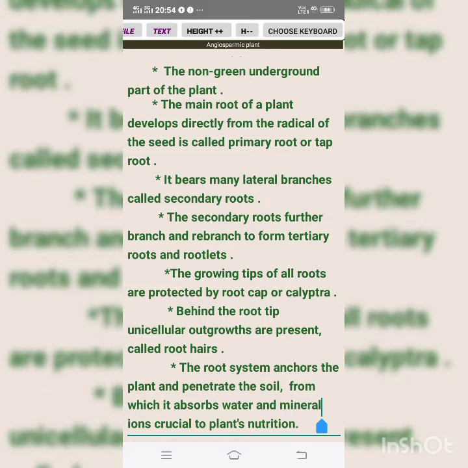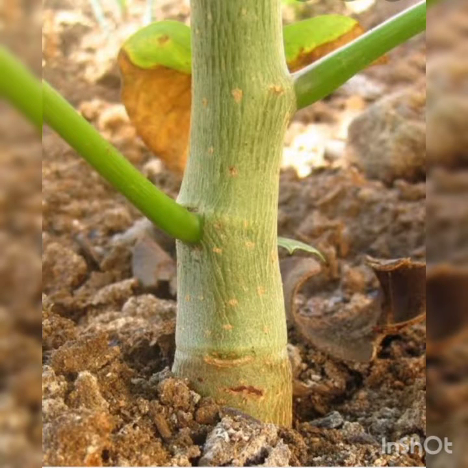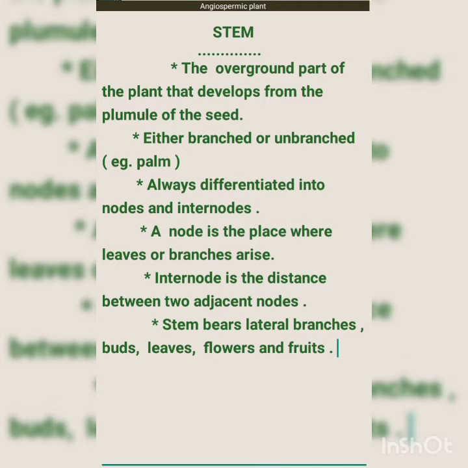Then we come to stem. Stem is the overground part of the plant that develops from the plumule of the seed. That means root develops from radicle and shoot develops from plumule of the seed.